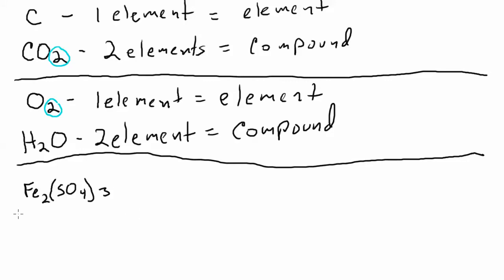And there's a lot of gobbledygook in there other than elements' chemical symbols. But all you literally have to ask yourself is, is there more than one element in this compound? There's two irons in this compound. There is a sulfur in this compound, and there are oxygens in this compound.